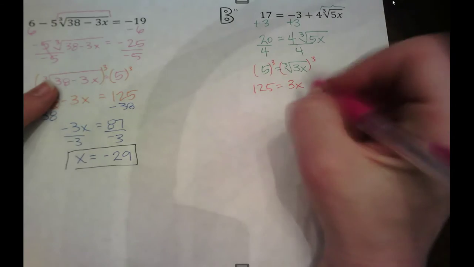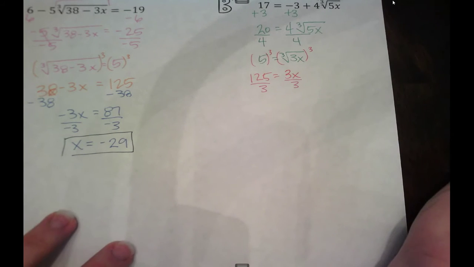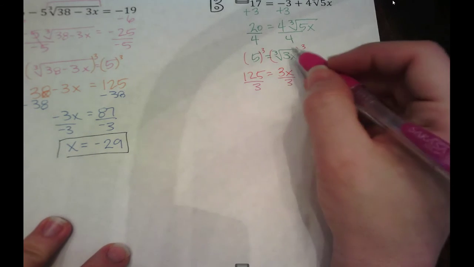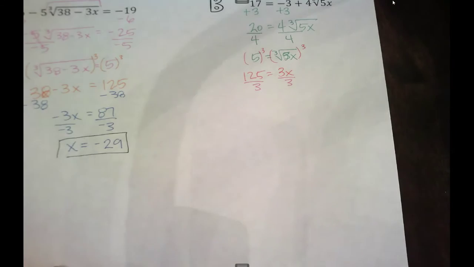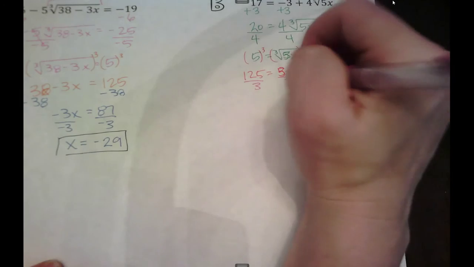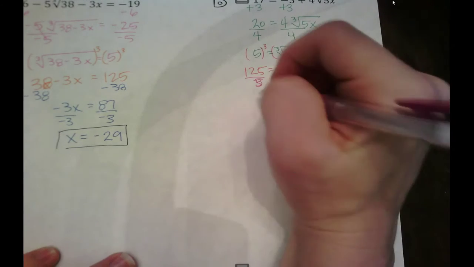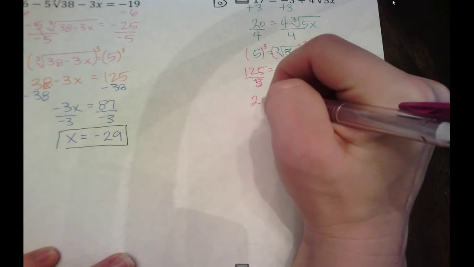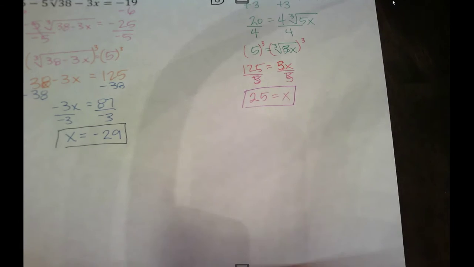Right now it's being multiplied by 5, so I can divide both sides by 5. Hold on, no wonder this looks funny. That's a 5. My bad. So 125 divided by 5 is 25, and that's what x equals. And that is our final answer.